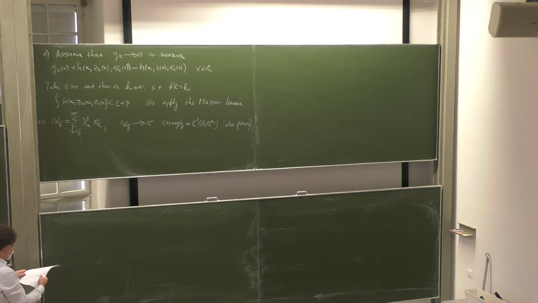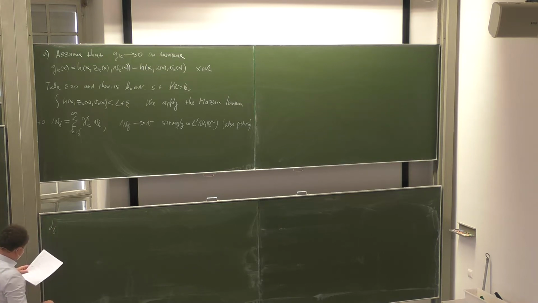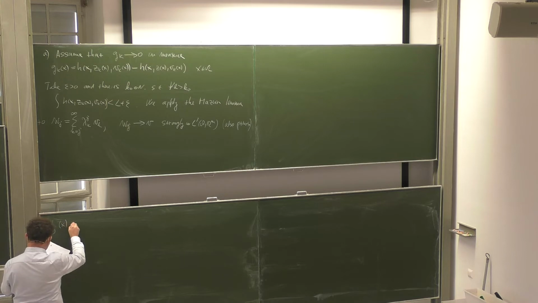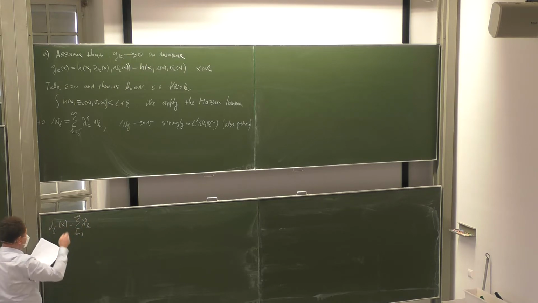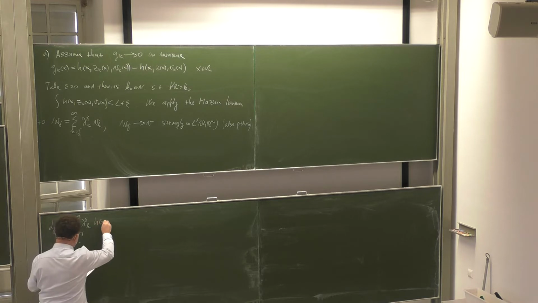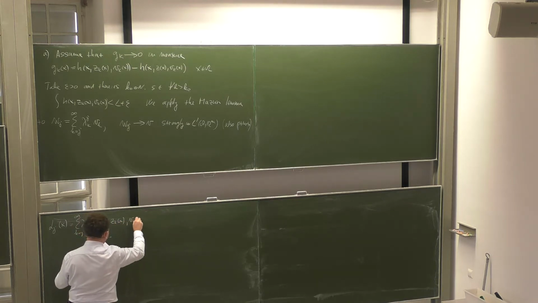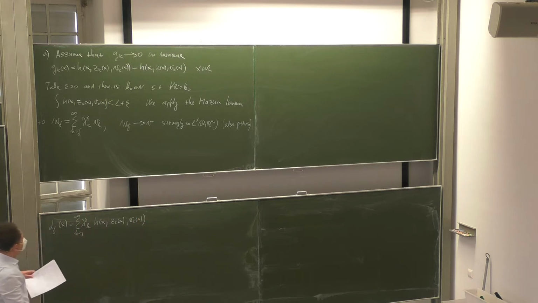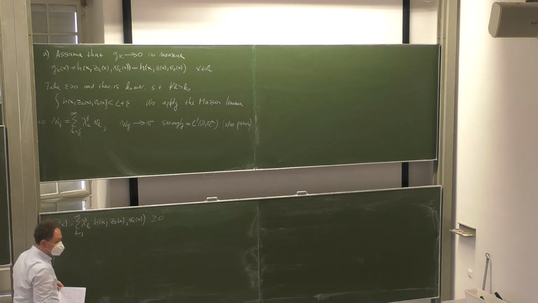So now we denote alpha_j of x. This is the sum of lambda_jk, for k from j to infinity, these are the convex coefficients, times h(x, z_k(x), v_k(x)). We denote this by alpha_j, and we know that this is bigger or equal than 0 because these integrands are non-negative.